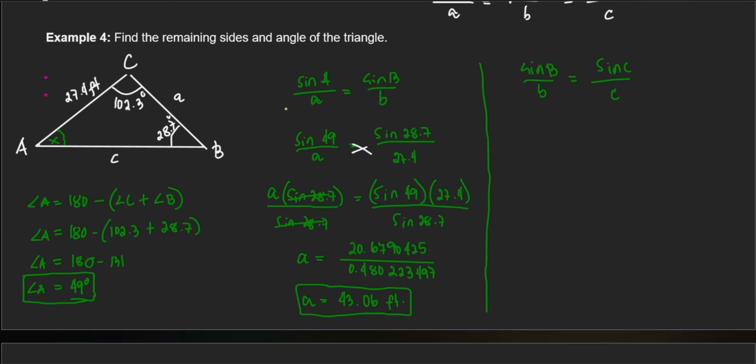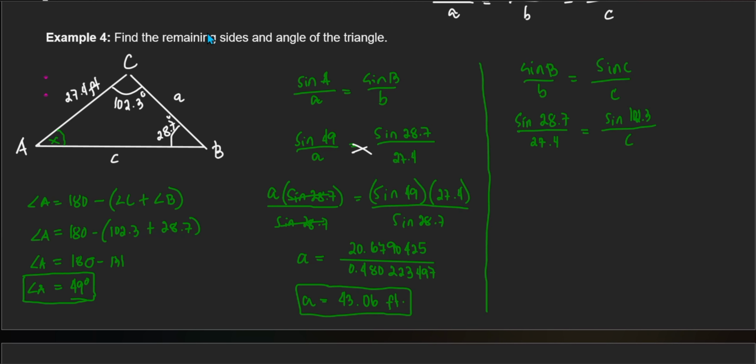Now, solve. So, sine B, that is equivalent to 28.7, divided by yung opposite ni B, that is 27.4. Then, sine C, that is 102.3. Then, yung c natin is missing. Okay? So, let's continue. Solve.